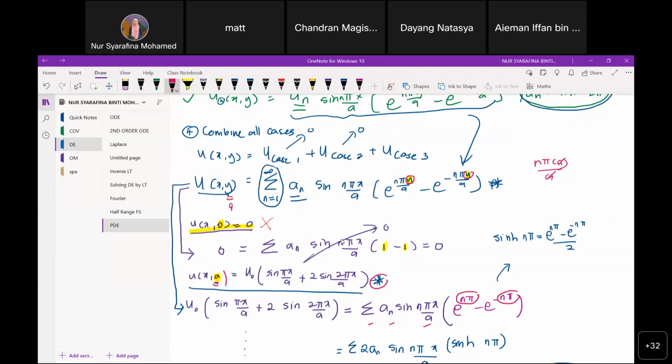So this is based on the condition. Understand or not? What we are doing just now is substituting y with a, and then equating with the expression given here. Everyone understand up to this point?